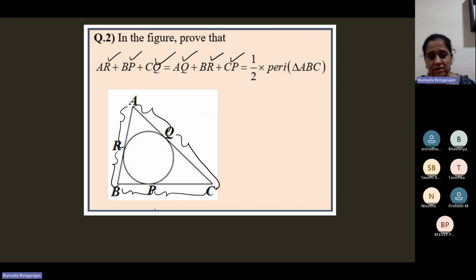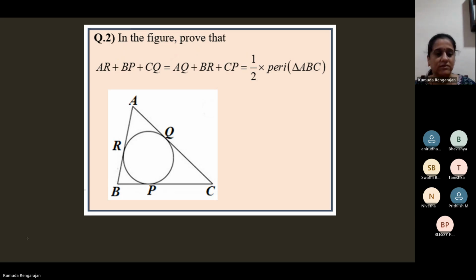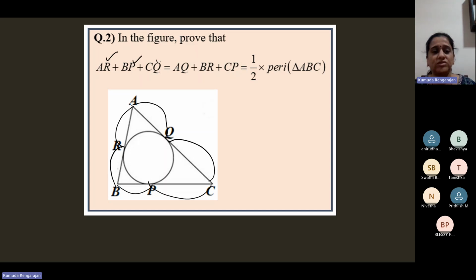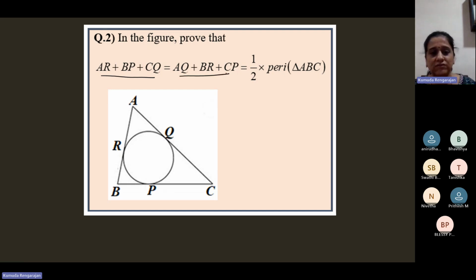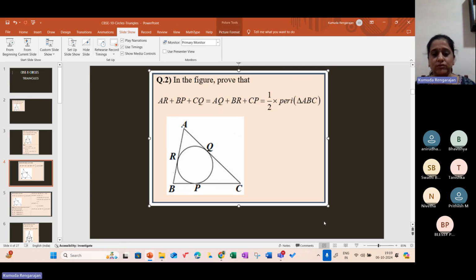Triangle, three sides, but we have six line segments we can see: AR, BR, BP, CP, CQ, AQ. These six line segments are what you see here. You need to show that the sum of these three segments is equal to the sum of these three segments is equal to half the perimeter of triangle ABC. And a very simple proof.